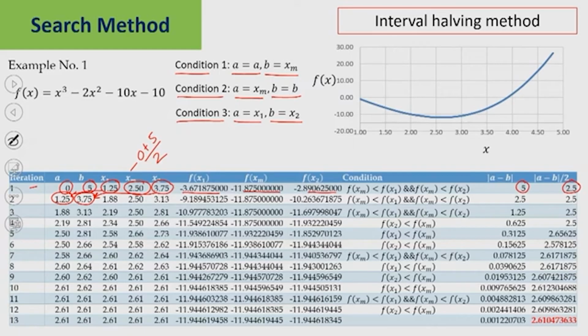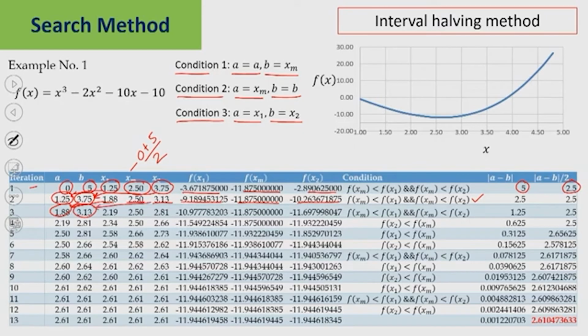Okay. Now, I am getting new A and B, that is, in the second iteration A equal to 1.25 and B equal to 3.75. Then I have calculated x 1, x m and x 2, and then you calculate the function value. In this case again condition 3 is true, so A equal to x 1 and B equal to x 2.